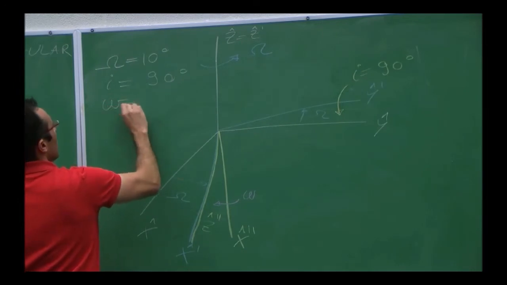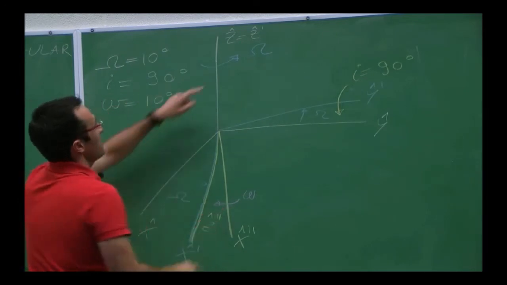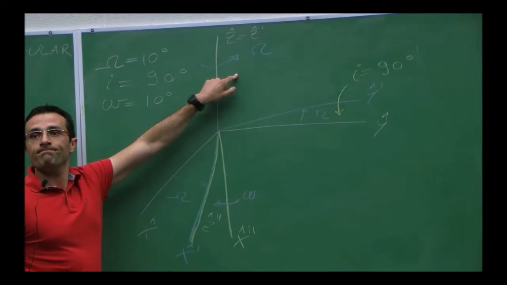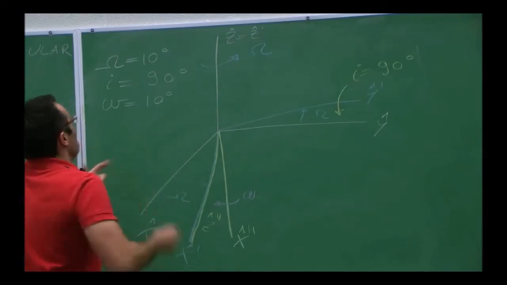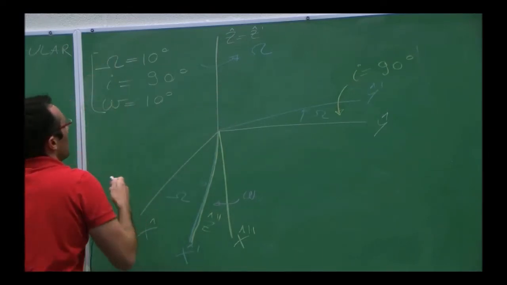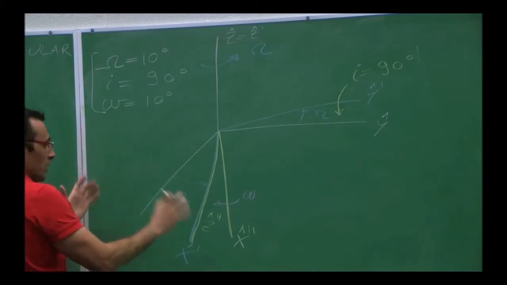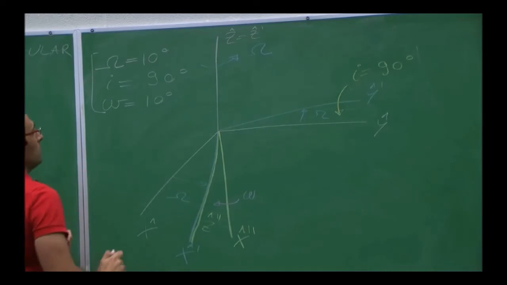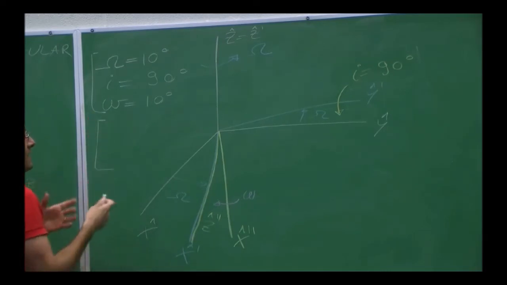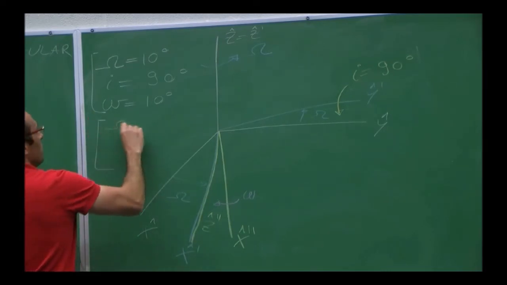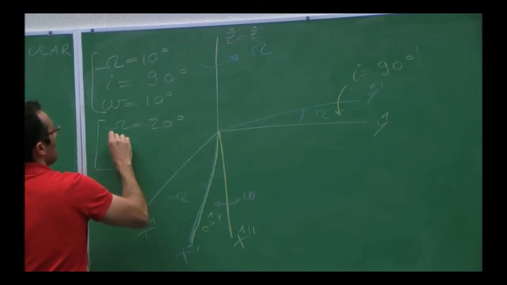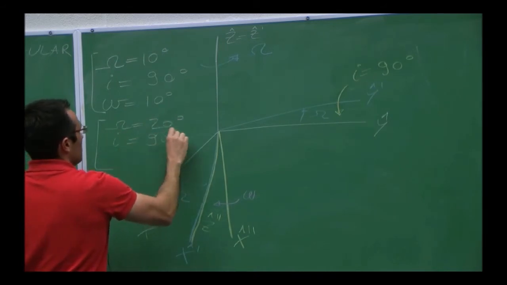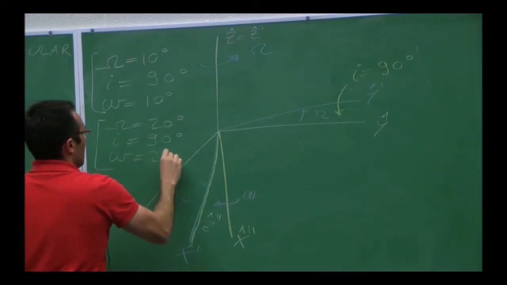So if I do little omega equal to 10 degrees, this is canceling out the original rotation. Imagine that you have grabbed an object and you've done this, then 90 degrees, and then the final rotation the other way. Don't I get the same physical orientation of the object if I do 20, again 90, and 20 on the last one?